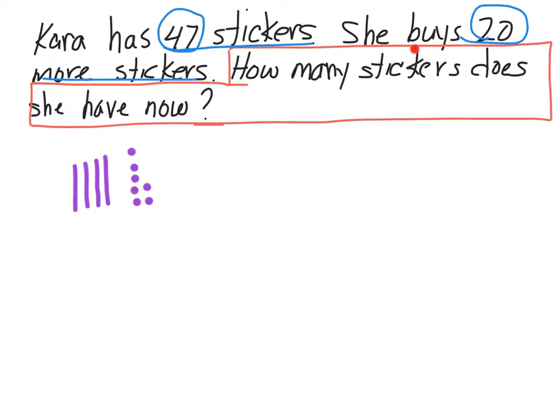Remember, she buys 20 more stickers. So let's go ahead and draw a quick picture to represent 20. So now we have 10, 20 stickers. So how can we use this picture to find the answer?